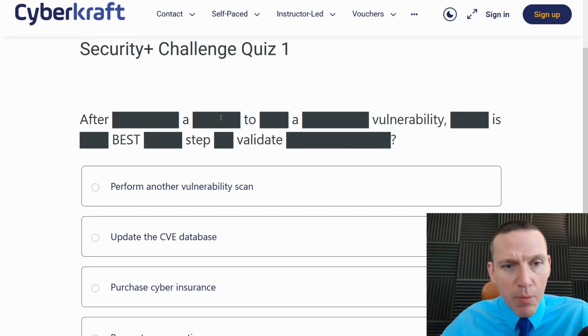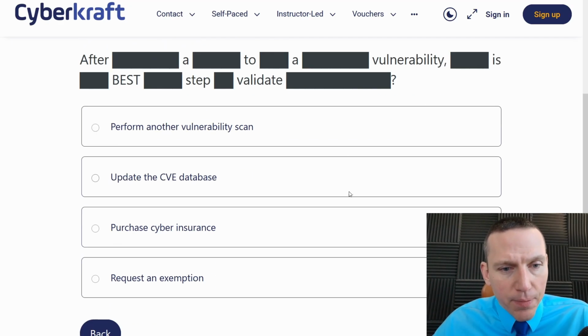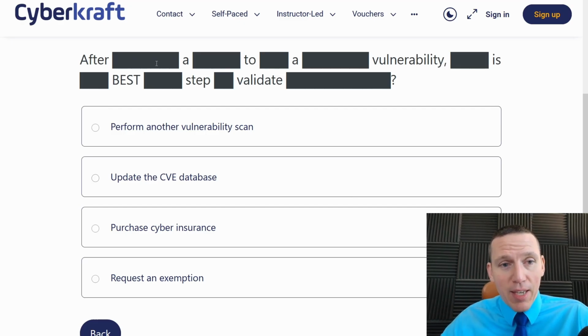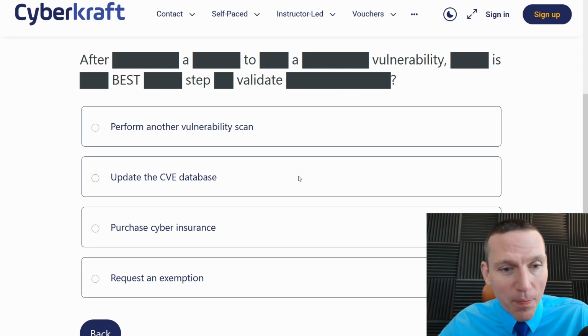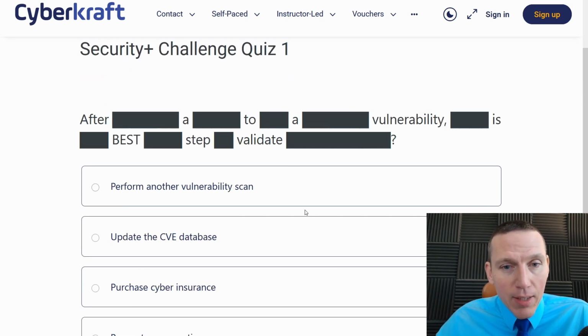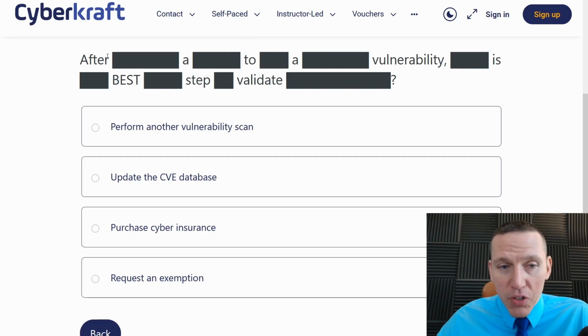After blank, a blank to blank, a blank vulnerability. What is the best next step to validate blank? Okay, now this is a tough one because it's giving us an area and then asking us what the best next step is to validate what. We don't know what we're validating. So I would assume this means after something to a vulnerability, are we containing the vulnerability?